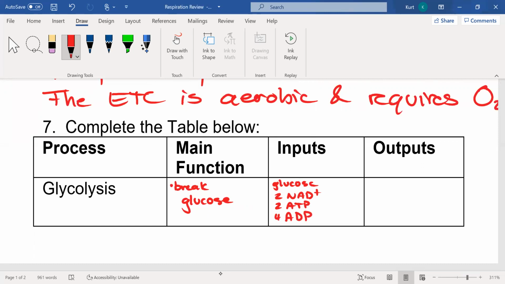Outputs, 2 pyruvate, 2 NADH, 2 ADP, 4 ATP. And if you want to add those 2 waters, fine. No harm, no foul. 2 waters are made, but it's not a big deal. You good?